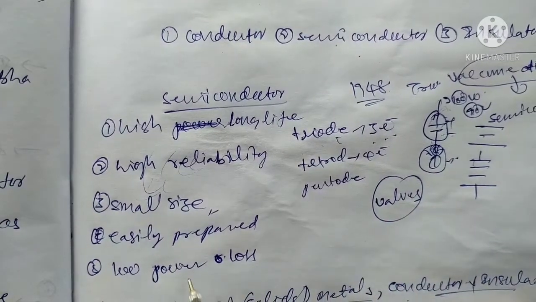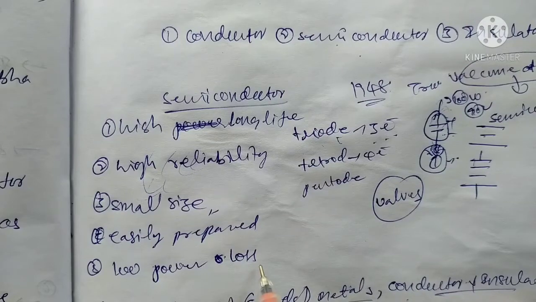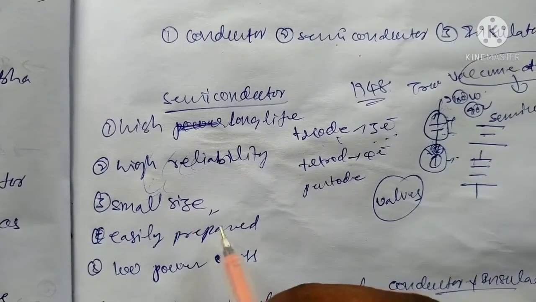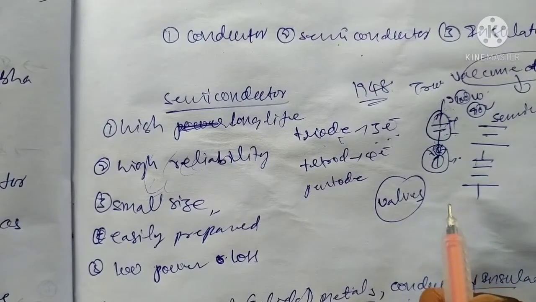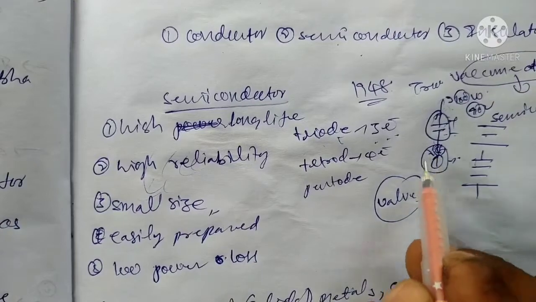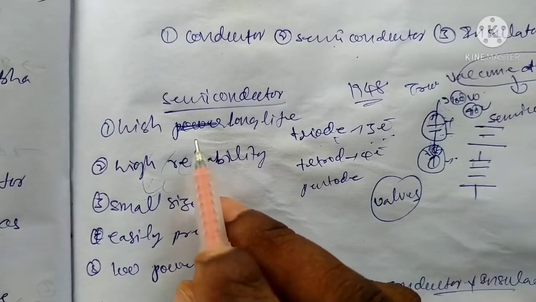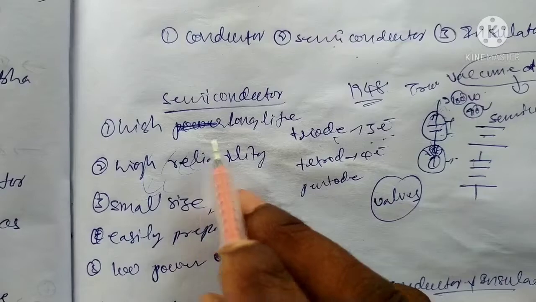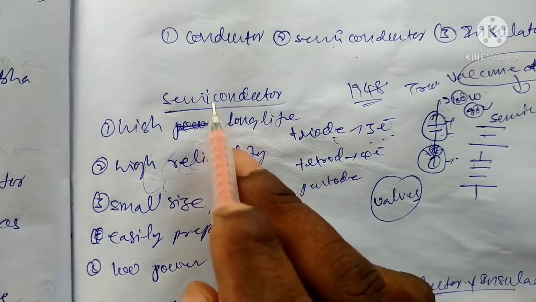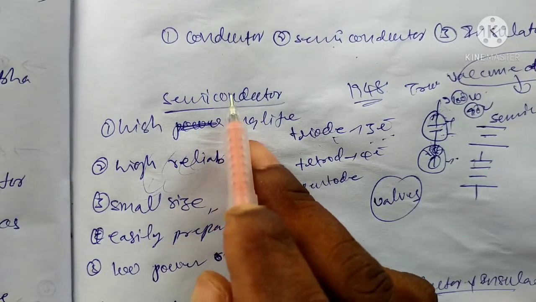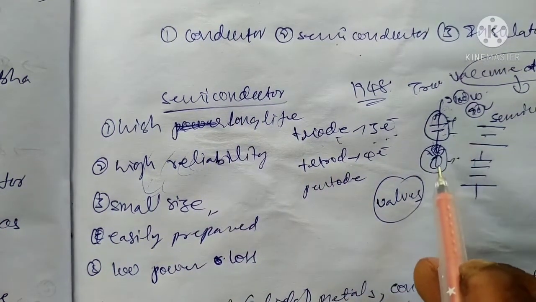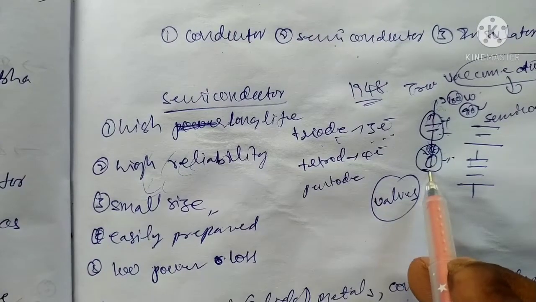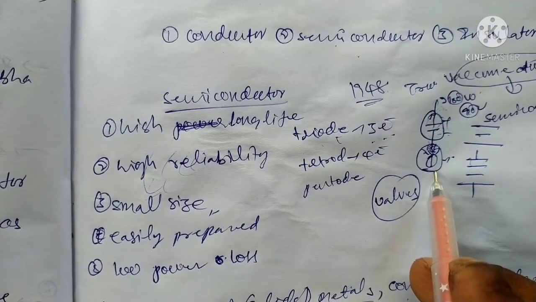Semiconductors also have low power loss and low power consumption. In the case of vacuum tubes, there is high power consumption and high power loss. Here we can apply a low voltage, 2 volts or 3 volts, and the semiconductor transmits the electron flow and we get current. In vacuum tubes, we have to heat to a high temperature, 600 to 700 kelvins.